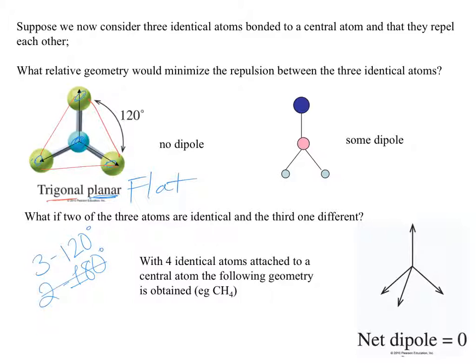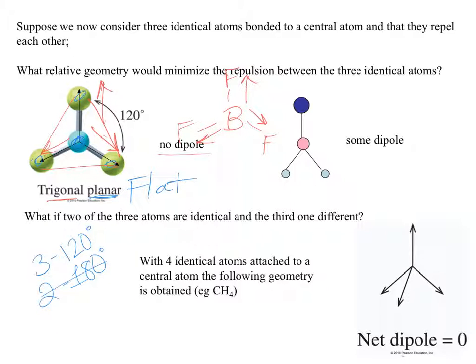So trigonal planar. Now, if they are three of the same thing, because it's flat, again, the vector idea, if you have three polar bonds, like let's say you had BF3, fluorine is stronger than the boron, you would have a polar bond in each of the three where fluorine is pulling away from boron.